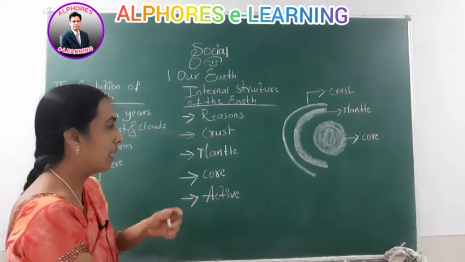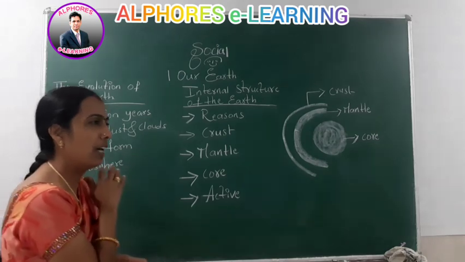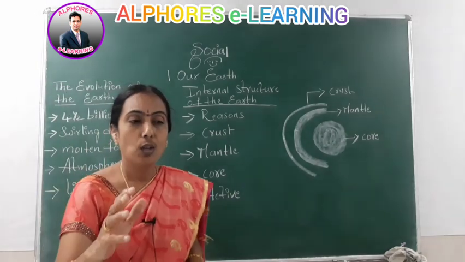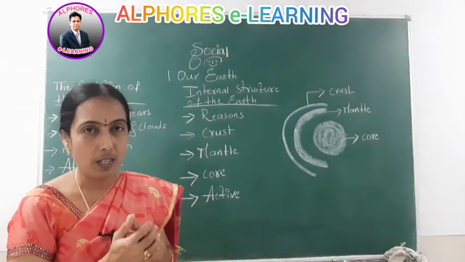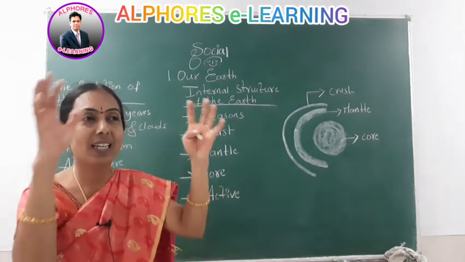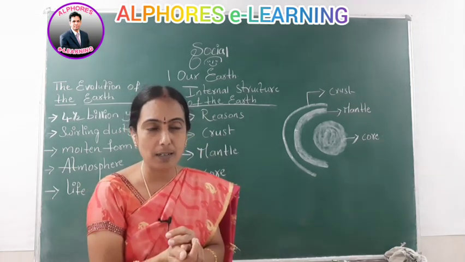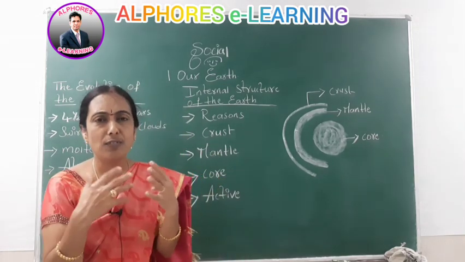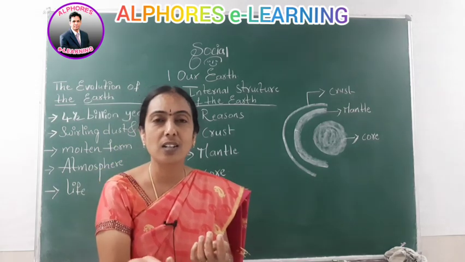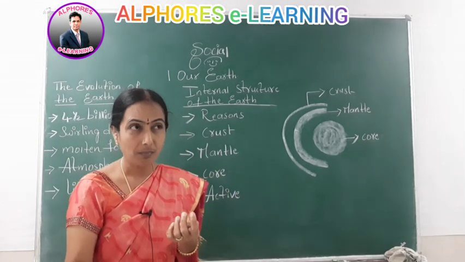After the formation of the earth, it again took several years to form the atmosphere. Atmosphere, all of you know, has a very easy definition: the gaseous layer which is present around the earth is called atmosphere. It consists of a number of gases like oxygen, nitrogen, carbon dioxide, and so on.